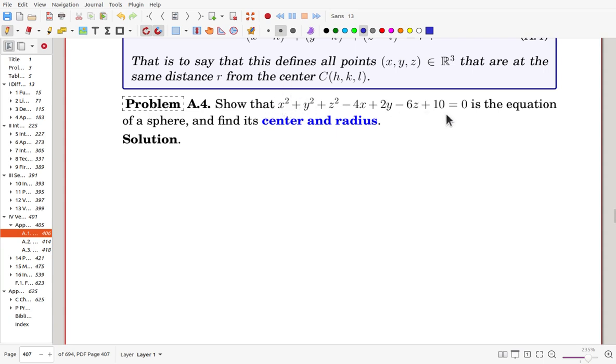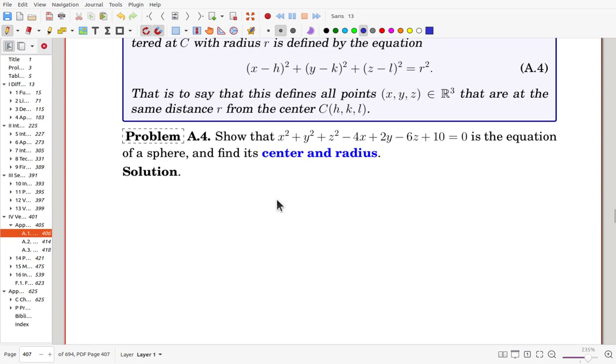Let's do it for this equation. To show this equation as an equation of a sphere, we may try to change it into the standard form. Okay, let's consider x terms.